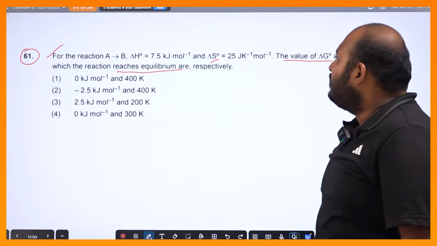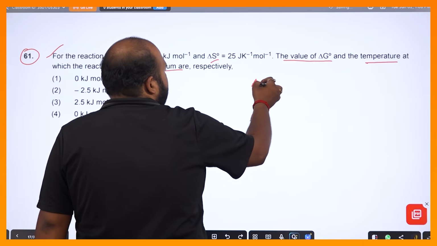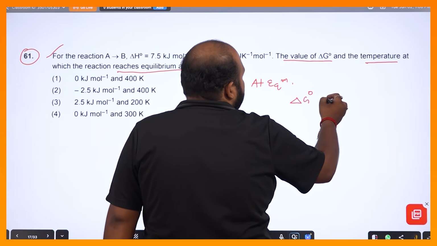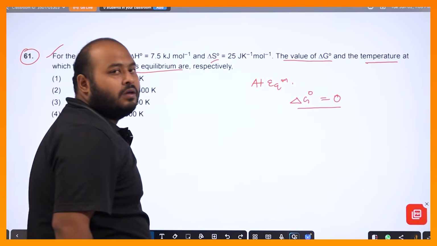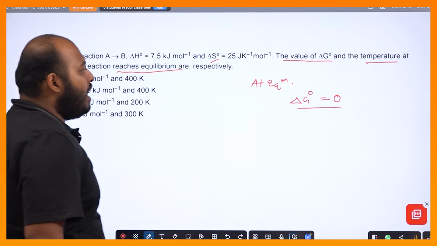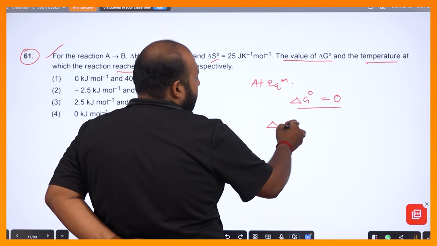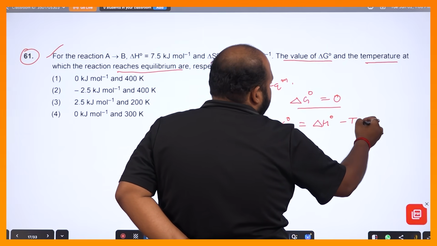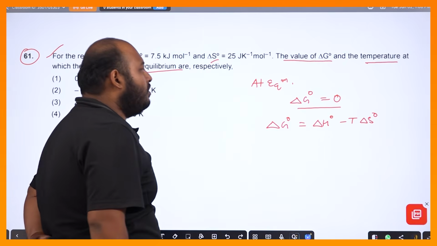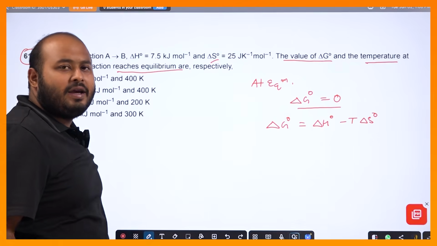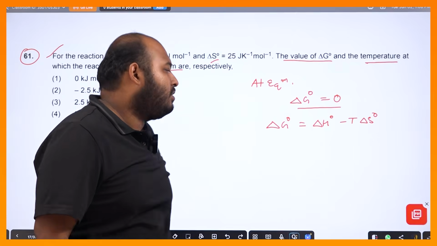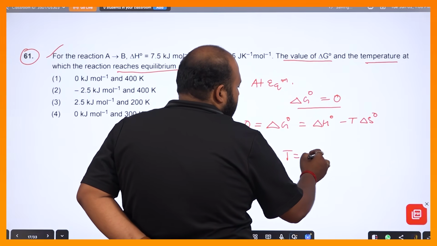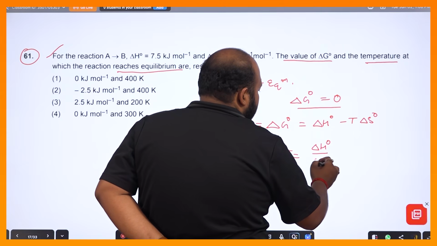So we know that at equilibrium condition, the standard Gibbs free energy becomes equal to 0. And the relation between del H naught and del S naught is del G naught equals del H naught minus T del S naught. So if this is equal to 0, then T can be written as del H naught by del S naught.